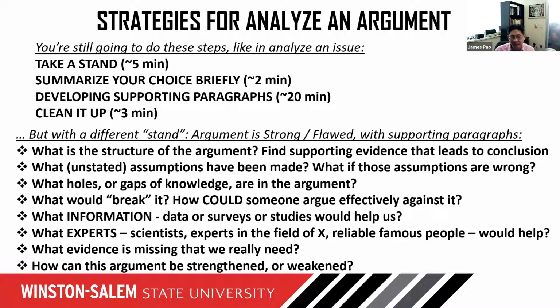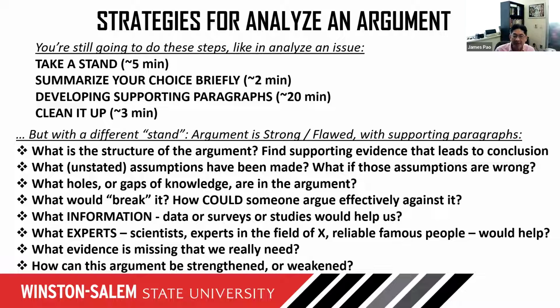What information is missing? What data, surveys, or studies would help us? And the next one is what experts, scientists, experts in the field, reliable, famous people would help? Finally, what evidence is missing that we really need? And how can this argument be strengthened or weakened?